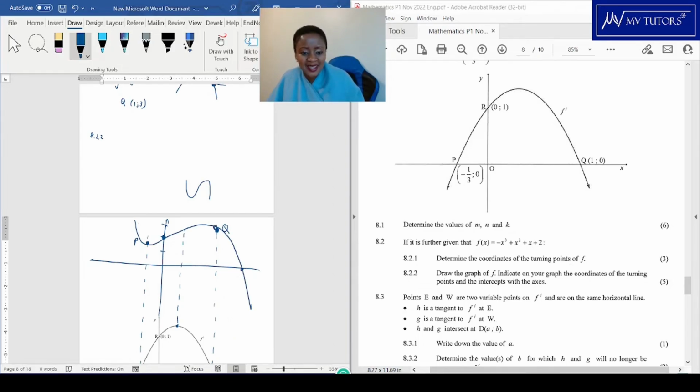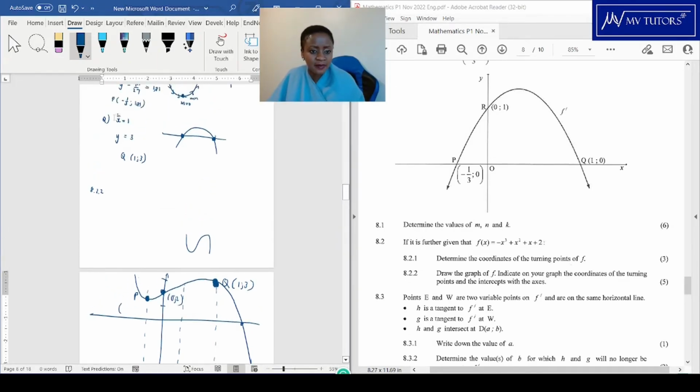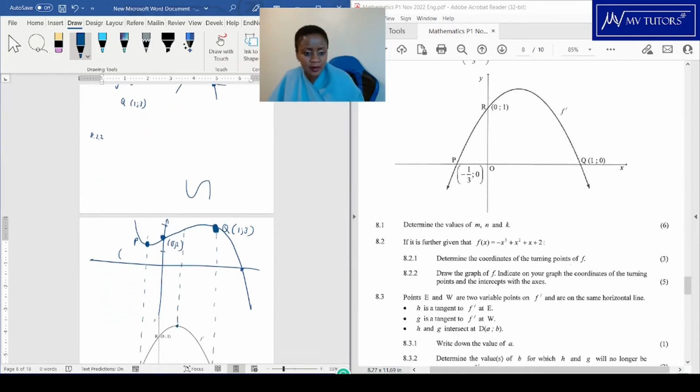Q is the turning point over here, which is 1 and 3. And we have P, which is negative a third and a number close to 2. And here we have 0 and 2. So P is negative a third, 1,81.